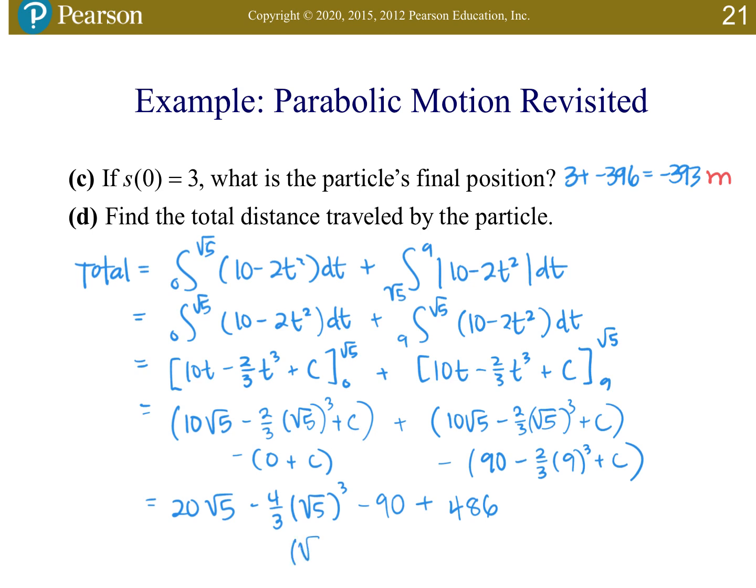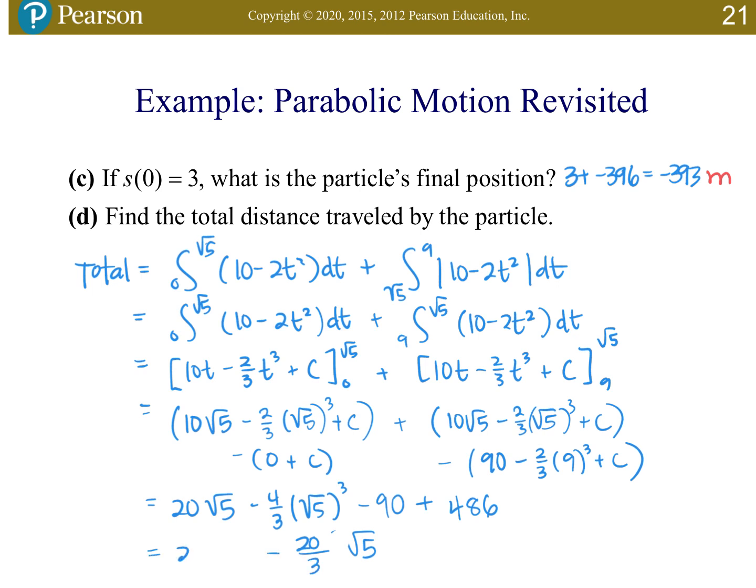Rad 5 cubed is the same as rad 5 squared with another rad 5. I like to separate it into 2 of one and 1 of the other. What can I do to the rad 5 squared then? Times a 5 and then multiply it by the 4/3. So that would simplify to make 20/3.